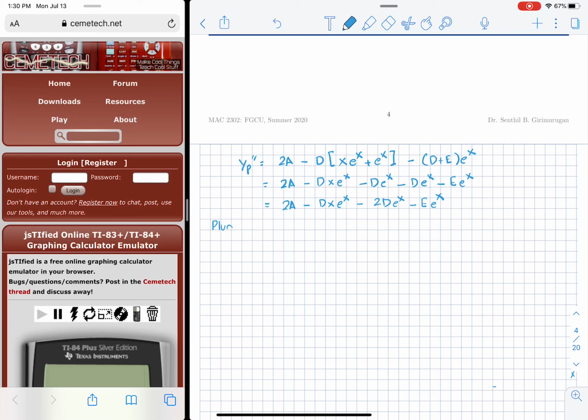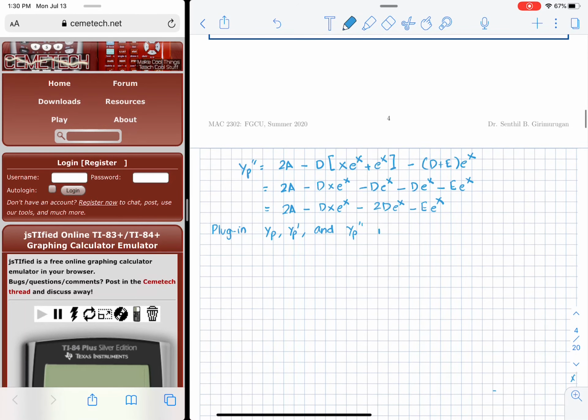We take all these and plug it in the equation. So plug in yp, yp prime, and yp double prime in the given DE. So we have yp double prime minus 8 yp prime plus 20 yp is equal to 100x squared minus 26x times e raised x. I'm using yp instead of y because I know that the particular solution will satisfy the differential equation.